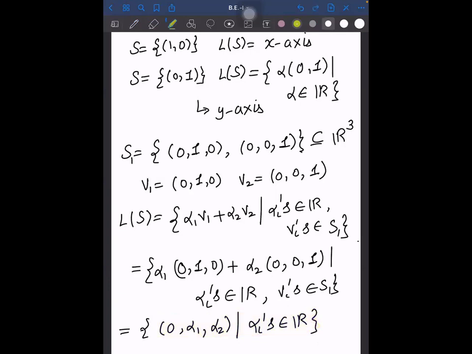If we choose only this vector, we get only the y-axis. If we choose only this other vector, we get only the z-axis. But if we take the linear combination of these two and add them together, we actually get the whole YZ plane. So this time, the linear span of S represents the YZ plane.